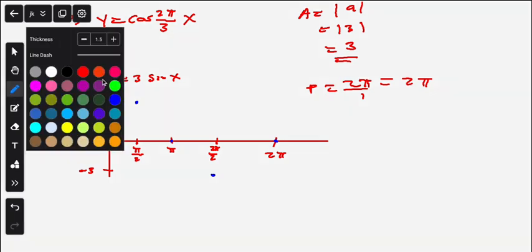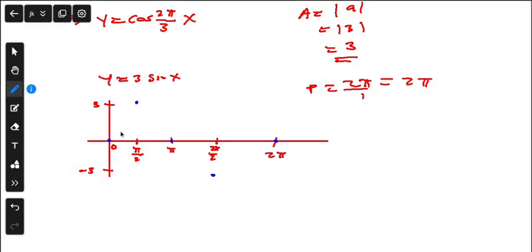So drawing a curve, you need to start from here, there, and then here, and then this point, then that point, and then from there you're going to name this curve as y equal to 3 sine x. And then from there you are done. So this is the first graph that we have.